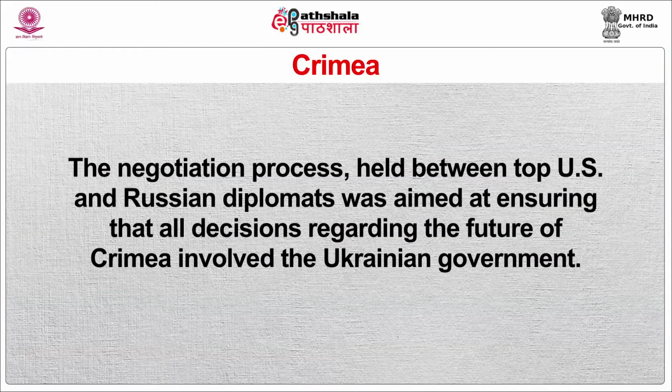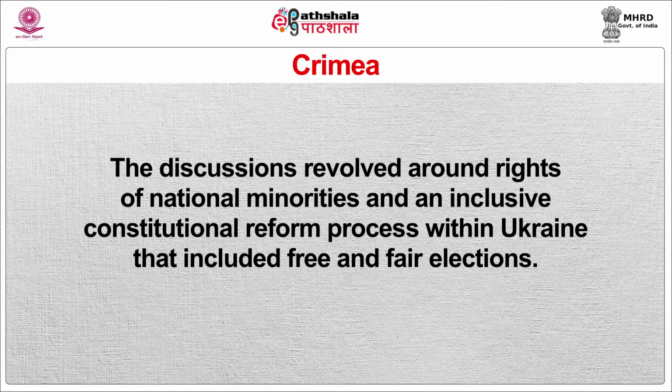The negotiation process held between top US and Russian diplomats was aimed at ensuring that all decisions regarding the future of Crimea involved the Ukrainian government. The discussions revolved around the rights of national minorities and especially ethnic minorities, and an inclusive constitutional reform process within Ukraine that included free and fair elections.